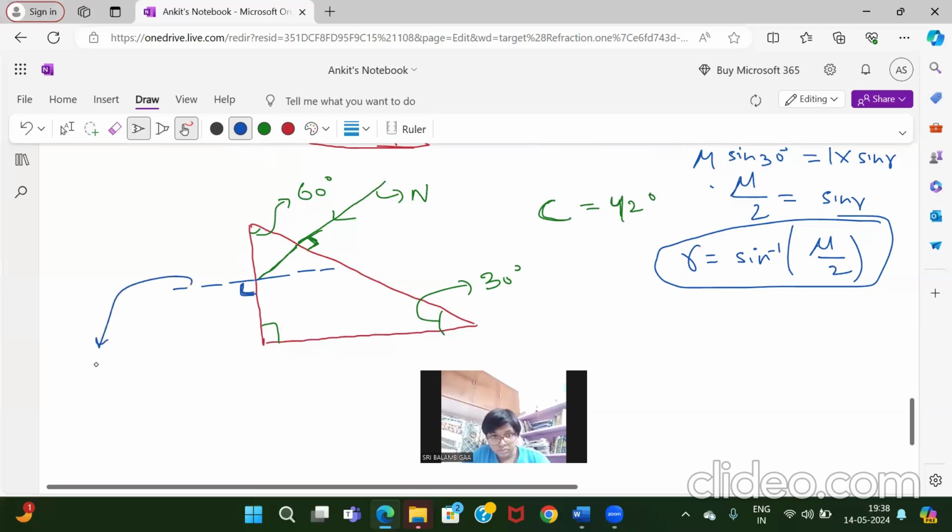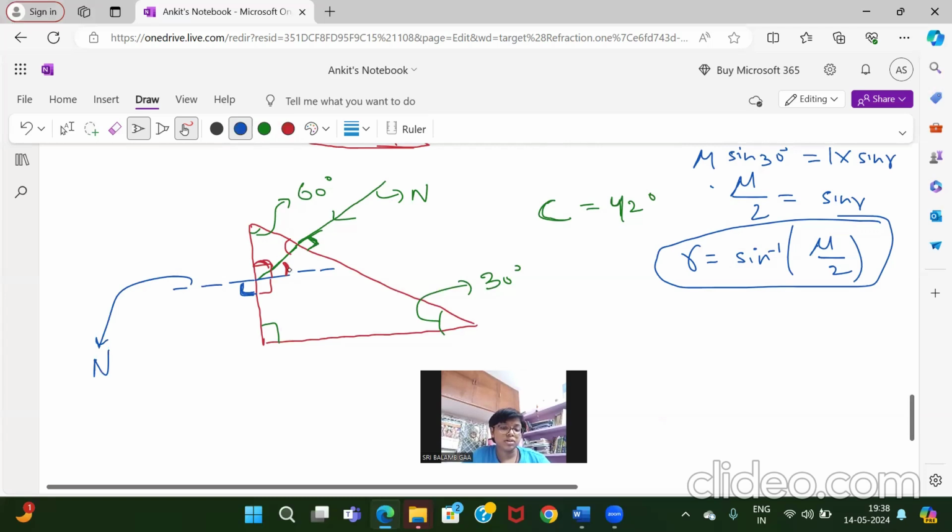Clear? Yes, sir. Now tell me, if this is 90, this is 90, this is 90. If this is 60, clear? Then how much is this? This is also 90. This is 30. Then how much is this? 60.